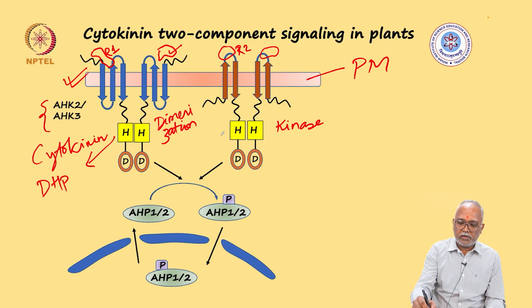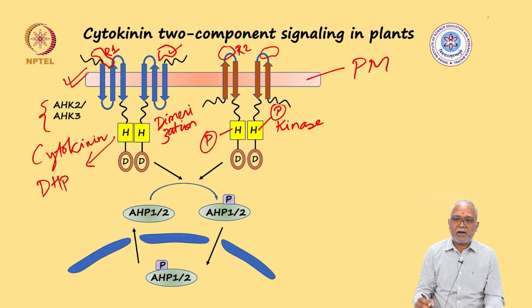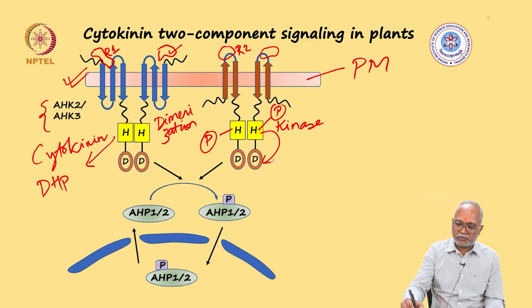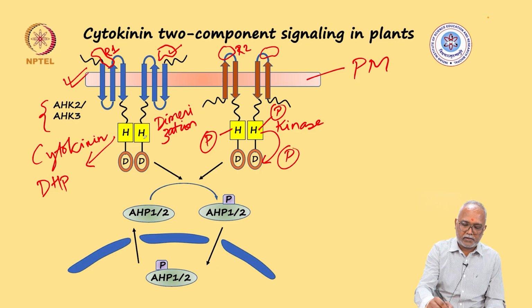What will the kinase do? It will autophosphorylate itself as the first measure. And since these are hybrid type histidine kinases, they will transfer the phosphate to the aspartate residue.